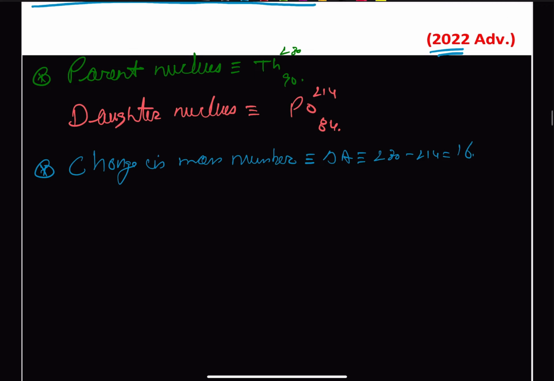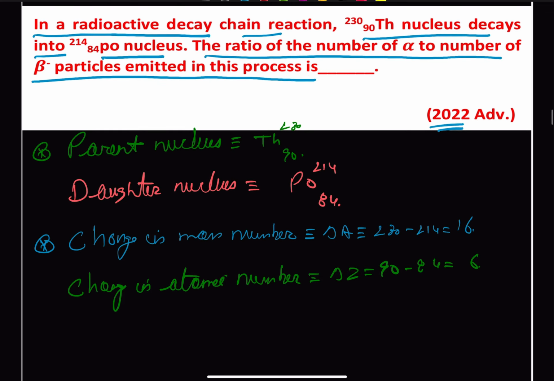And then we can find out the change in atomic number. That is delta Z will be equal to 90 minus 84, which comes as 6. And now it says that we have alpha particle and we have a beta minus particle.